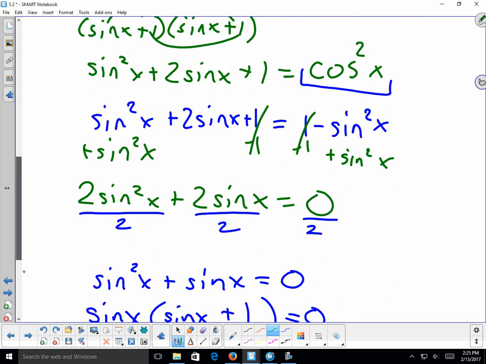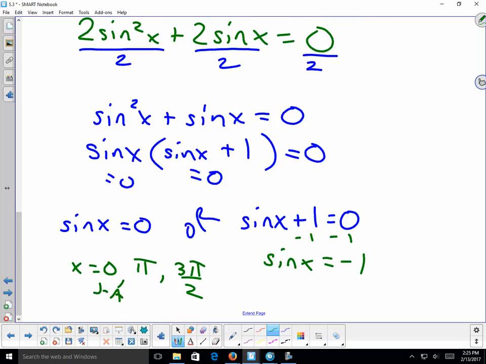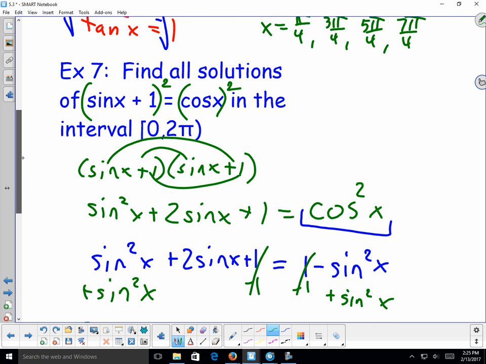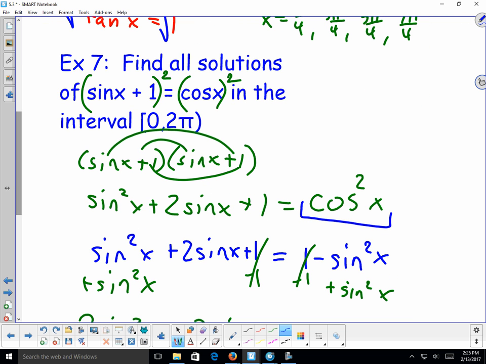If you're born May through August, plug in pi into the original to see if it works. And if you're born September through December, plug in 3 pi over 2. I want to know, do they all work? You're not plugging them into the squared one, only into the original.